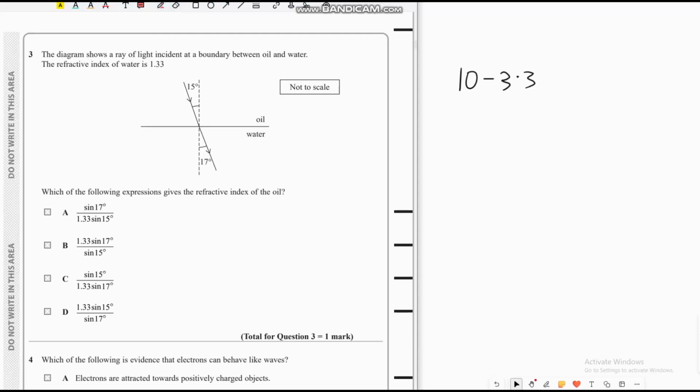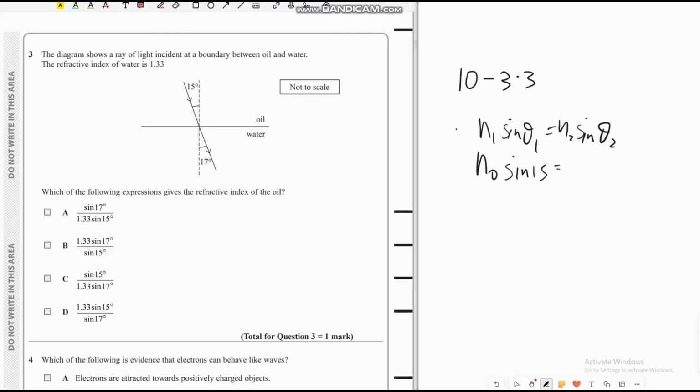Question number 3. The diagram shows a ray of light incident at a boundary between oil and water. The refractive index of water is 1.33. Which of the following expressions gives the refractive index of the oil? Understanding Snell's law, we can do it this way: n1 sin theta 1 equals n2 sin theta 2. So n1 is oil, I write it as O, sin theta 1, where the angle is shown as 15 degrees.